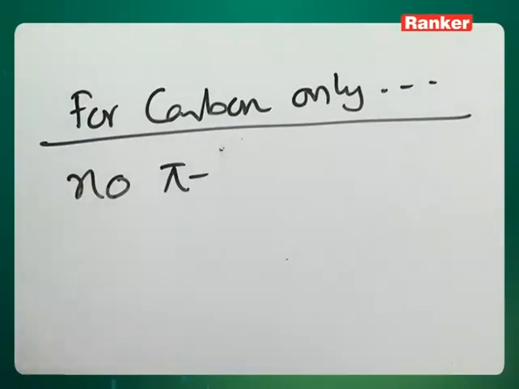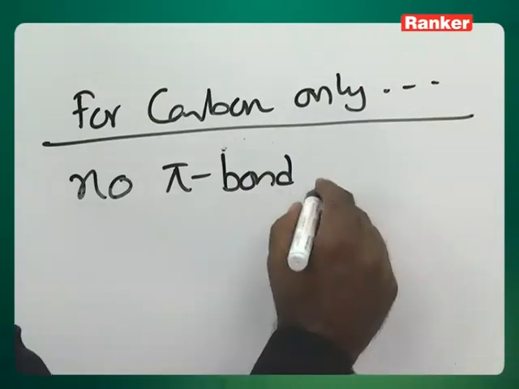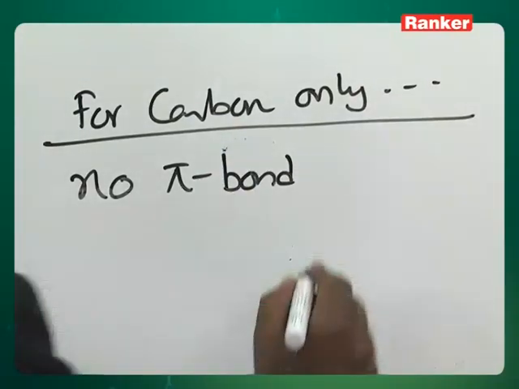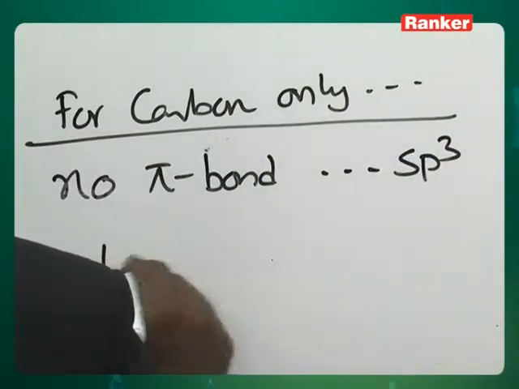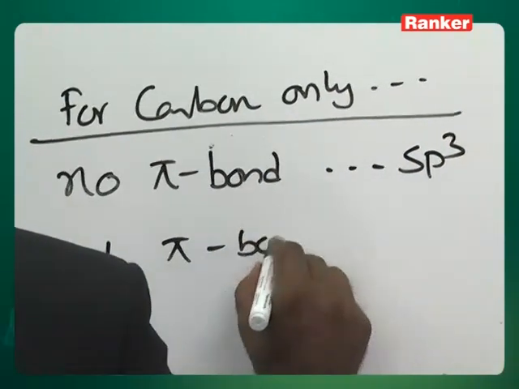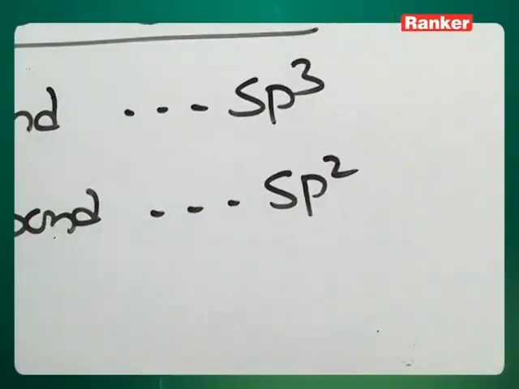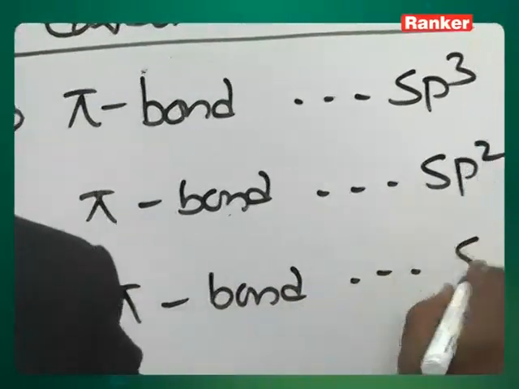Since we have to find the hybridization of a large number of carbons in organic chemistry, we need a special procedure for carbon. No pi bond, the hybridization is sp3. 1 pi bond, the hybridization is sp2. 2 pi bonds, the hybridization is sp.